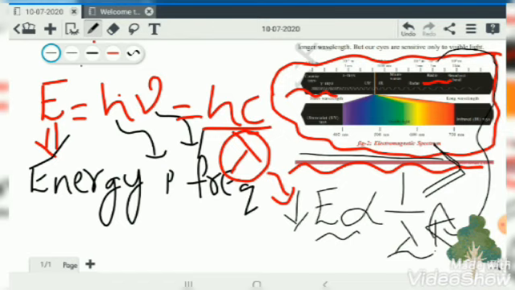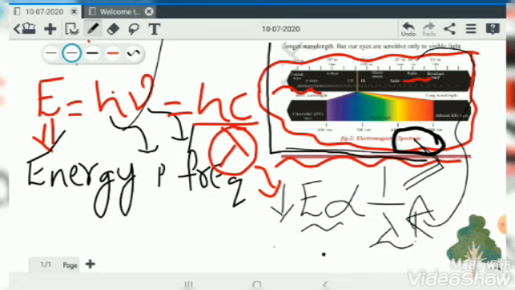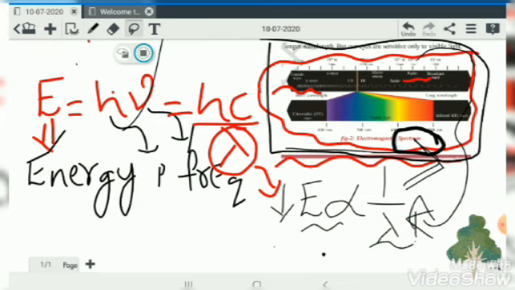And as I said earlier, spectrum means a group of lines, a group of wavelengths. And you can see here electromagnetic spectrum means, wait a minute guys, let me erase this.